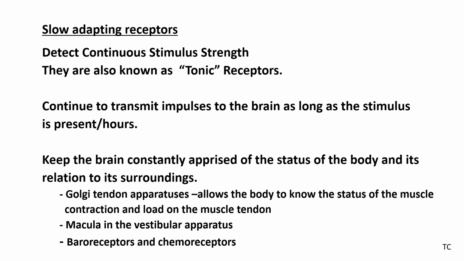Then we spoke a little bit about some of the characteristics or properties of these receptors. We spoke about the stimulus strength and receptor potential relationship, and the frequency of firing. And we also spoke a little bit about adaptation and the mechanism of adaptation.